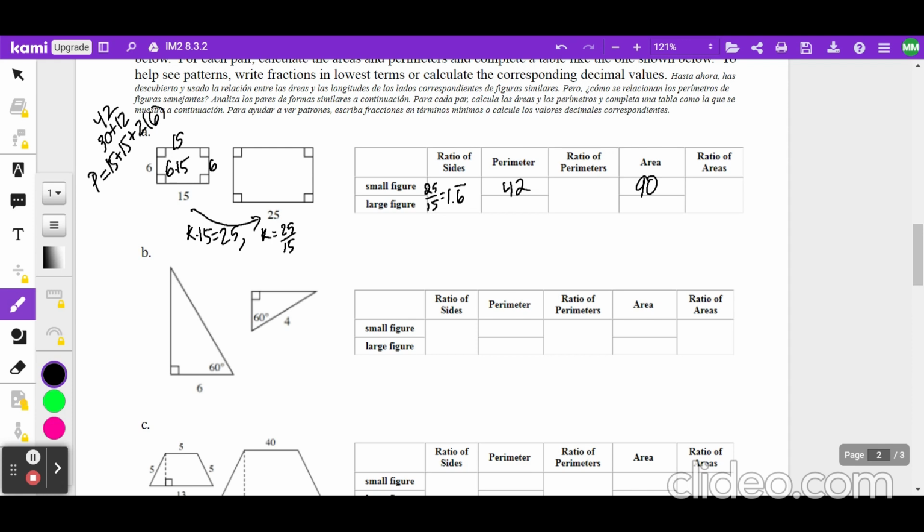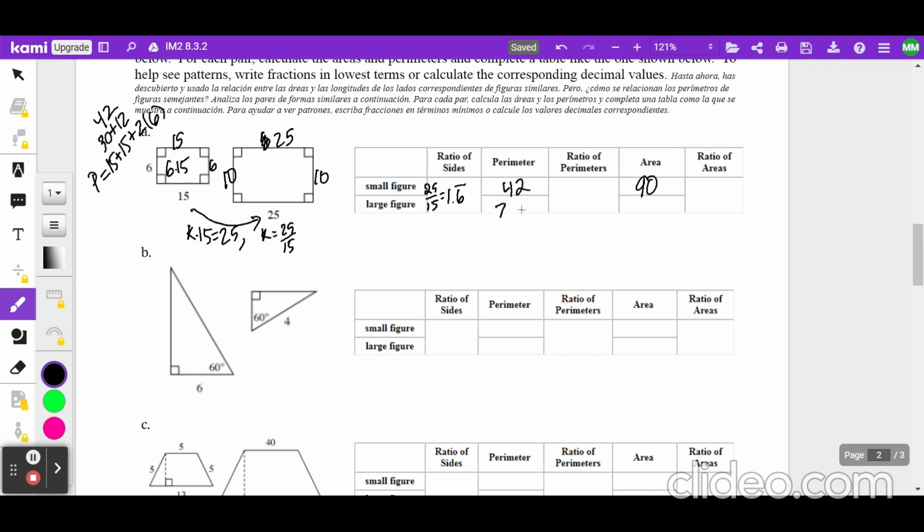Okay. Anyway, let's look at the perimeter of the larger figure. I need to multiply 6 by 25 over 15, or by 1.6 repeating. So 1.6 times 6, I get 10. Since this is 10, the perimeter is 10 plus 10 plus 50, which is 50, 60, 70.